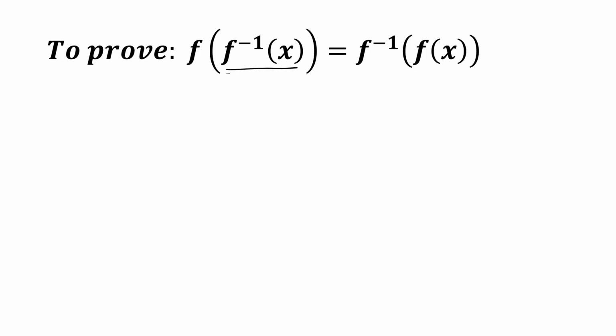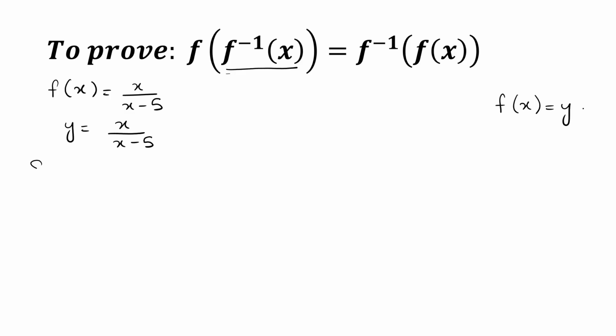First, find f inverse of x. Start with the original function, which is f of x equals x over x minus 5, or we can write it as y equals x over x minus 5 because f of x and y are equal. Now solve for x. By cross multiplying this x minus 5, we get y into x minus 5 equals x.